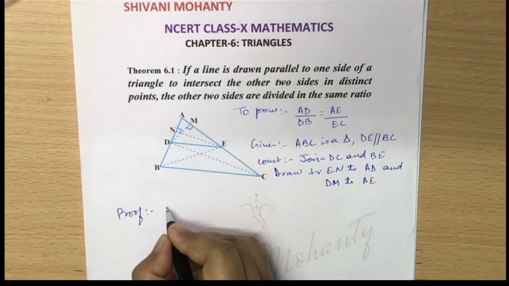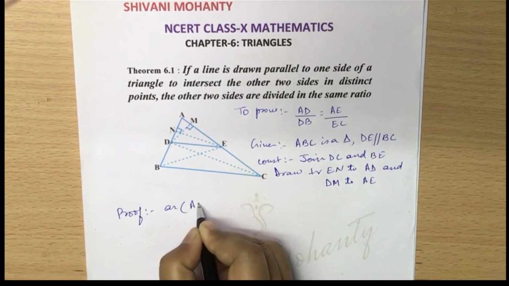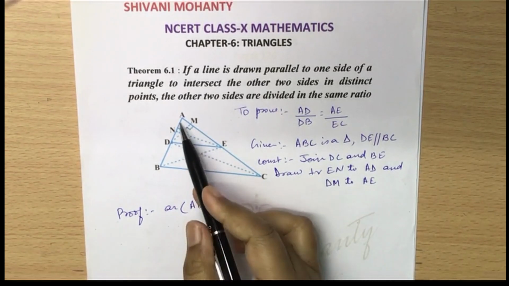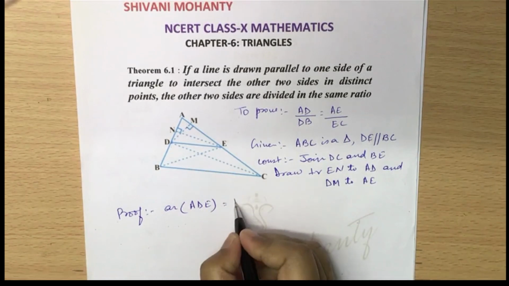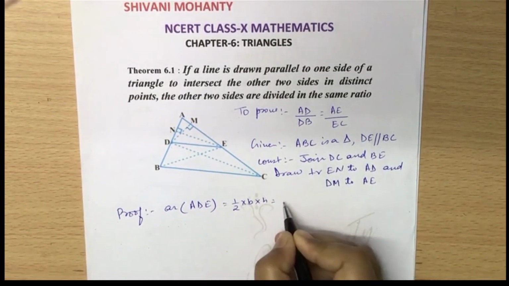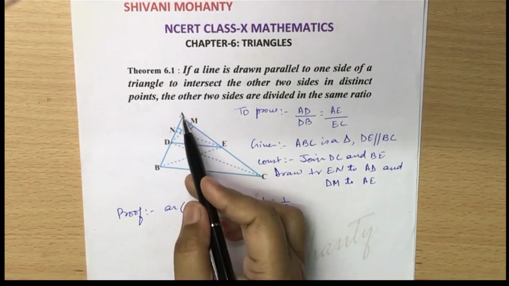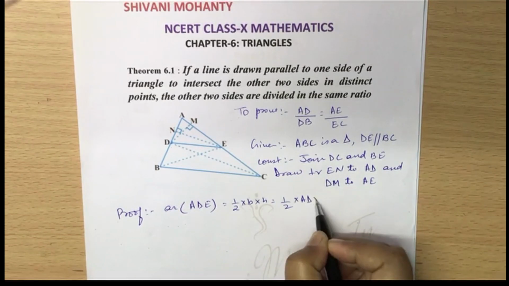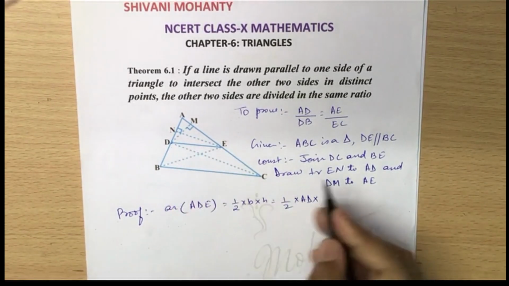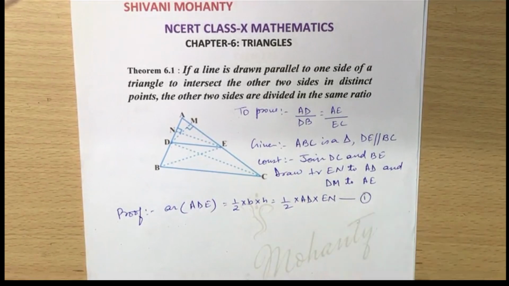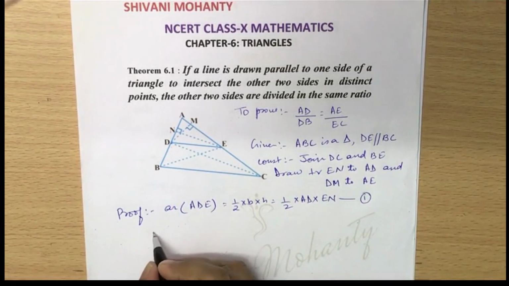Area of ADE, you know it is half into base into height. How much is the base? AD. And what is the height? EN. Name it as equation number 1.